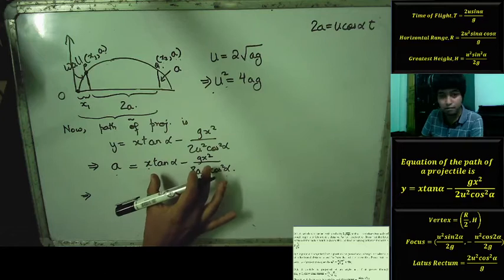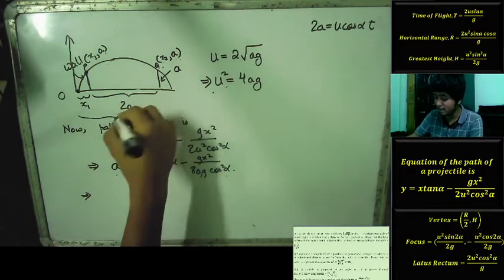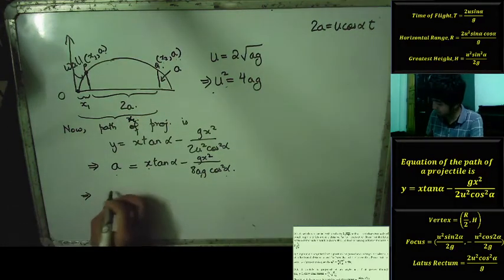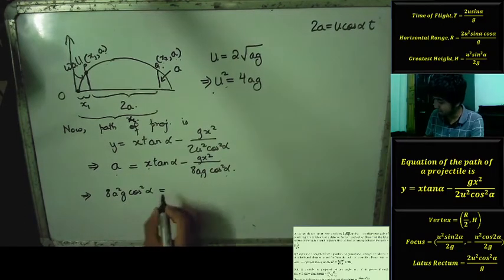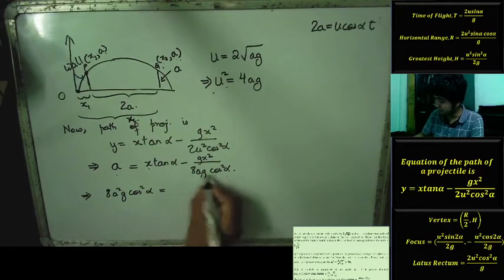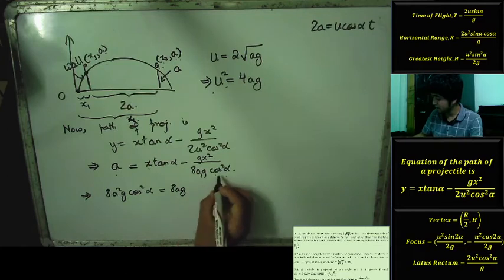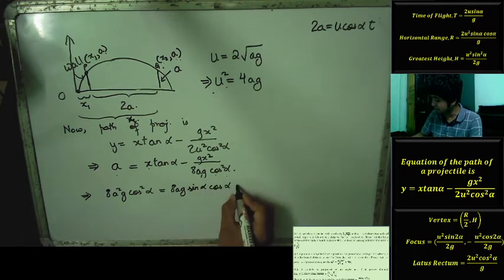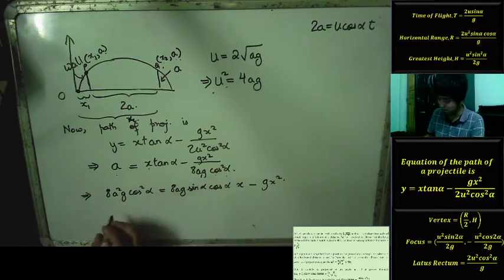So what can we do? We can solve for x, so we will be finding x1 and x2. Just multiply. You will have 8a squared g cos squared alpha, and multiplying 8 here, you will have 8ag sin alpha cos alpha x minus g x squared. Let us bring all terms over here.